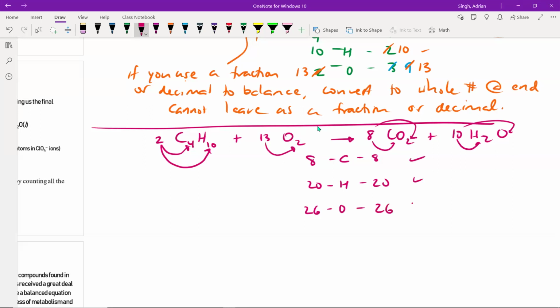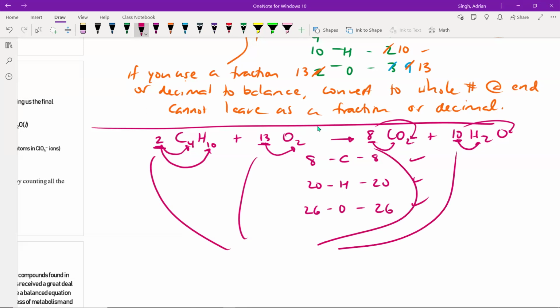All right, so this is my properly balanced equation, 2, 13, 8, and 10 being the smallest. These are the smallest whole number coefficients that we can use to balance this equation. And that's what you want to get to. Smallest whole number coefficients.